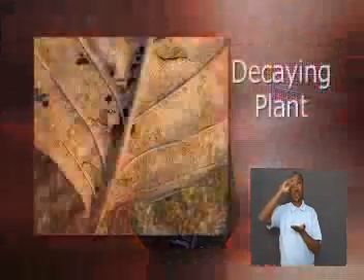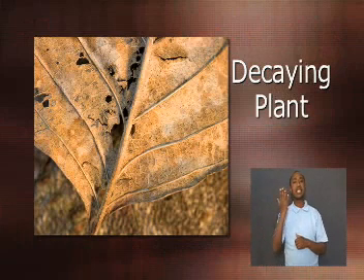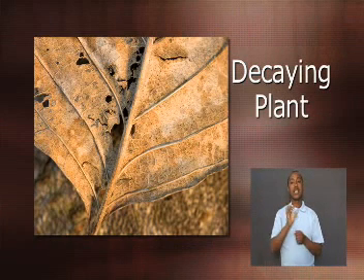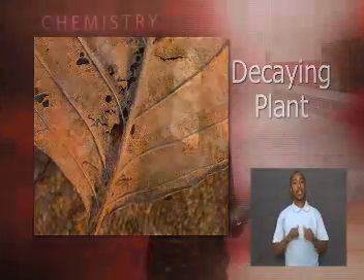You might have also thought of a plant decaying. It seems as though the plant just rots and disappears. However, the plant particles break down and become a new organic product, soil.